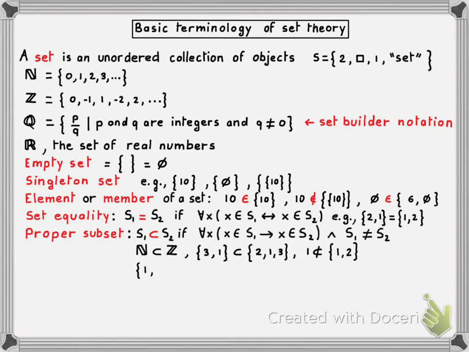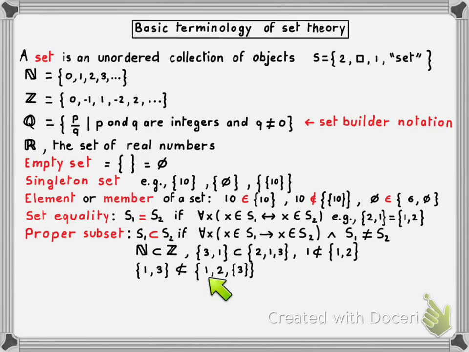And here is a second counterexample of the proper subset relationship. Notice here that both the left-hand side and the right-hand side are sets. But to check if the left-hand side is a proper subset of the second one, we need to go through each and every element in the first set and check that it's also in the second set. So 1 is an element of the first set.